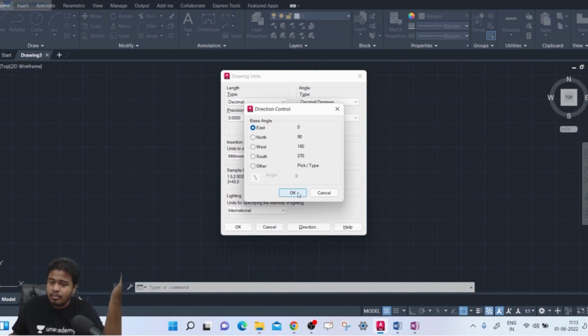Now we have some other options as well. See, if you go into the other option and type any angle, let me type here 30 degree. So the AutoCAD will think that I have to take my reference as 30 degree. Let me explain here.